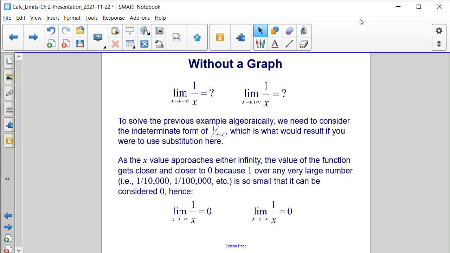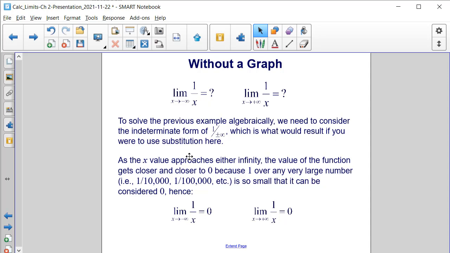Sure, it's easy to find a limit of rational functions when a graph is provided, but what would you do without a graph? To solve the previous example algebraically, we need to consider the indeterminate form of 1 over positive or negative infinity, which is what would result if we were to use substitution here.